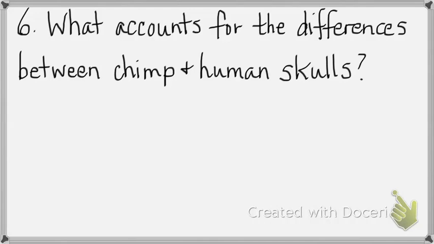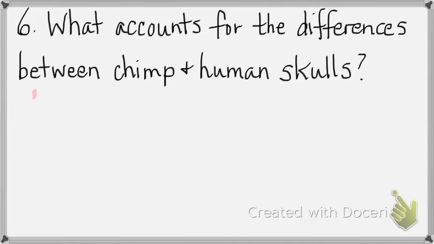All right, number 6. So the next page, page 158, I've got a chimp skull versus a human skull. We're looking for the differences there. There are many, but we want to know why. I think there are 2 reasons why chimp skulls look different than human skulls. I need 2 reasons.